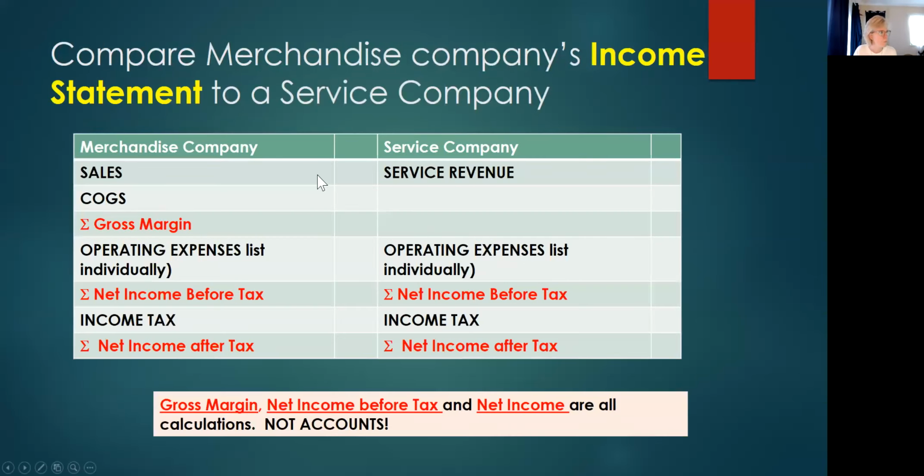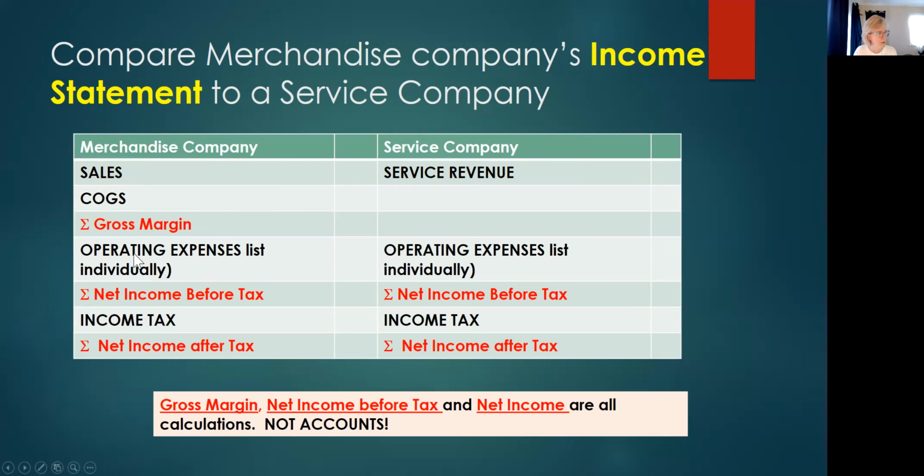Okay. All right. So here's a service company: service revenue, expenses, income before tax, income tax. Pretty straightforward. Here's a merchandise company where we have sales, cost of goods sold. Those are 2 separate accounts. Cost of goods sold is a very specific expense account that we subtract from sales to get gross margin.